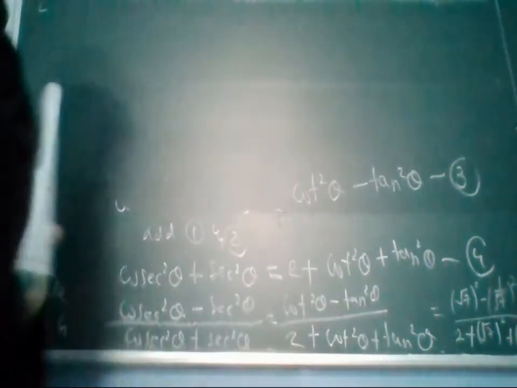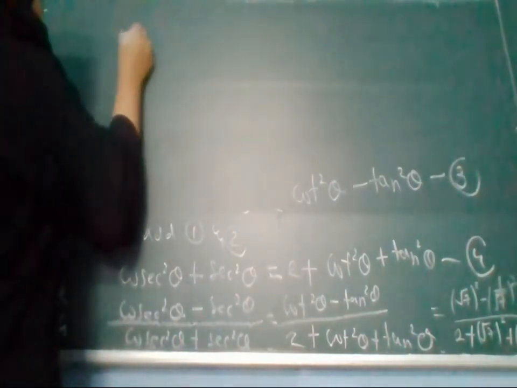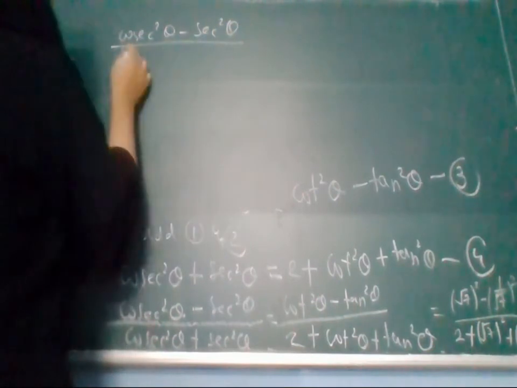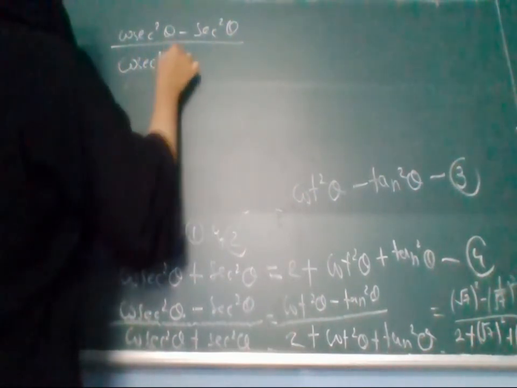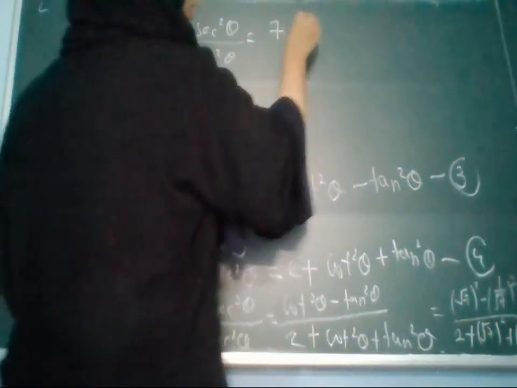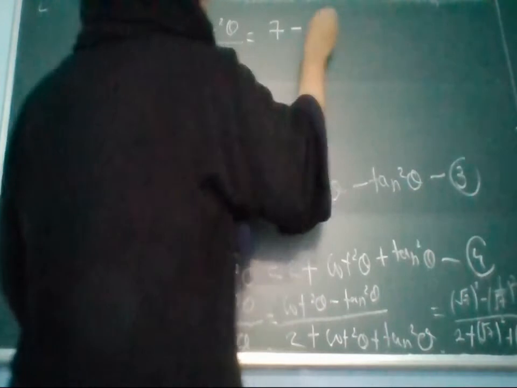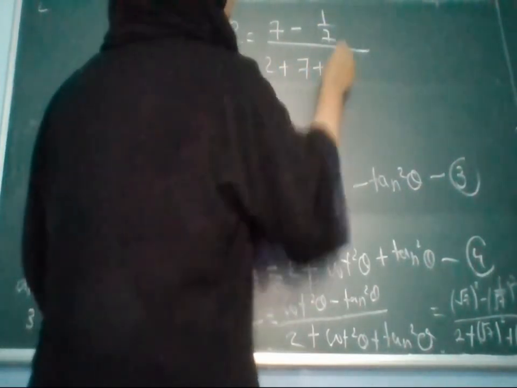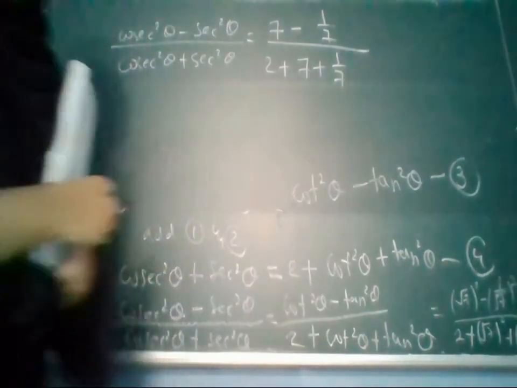So this is your expression: cosec square theta minus sec square theta over cosec square theta plus sec square theta. Root 7 square means 7, minus 1 upon root 7 square is 1 upon 7, divided by 2 plus 7 plus 1 upon 7, right?